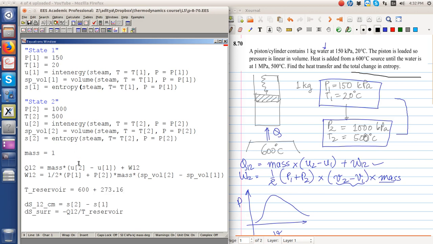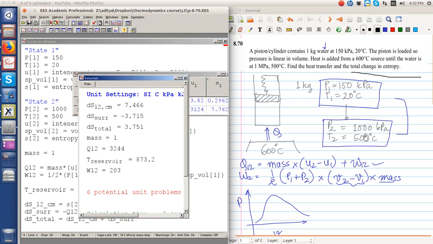This should give us the total entropy change, so the total entropy change is equal to 3.751.